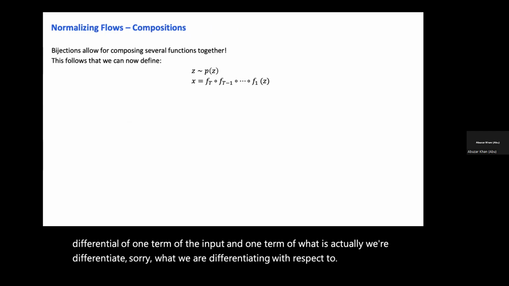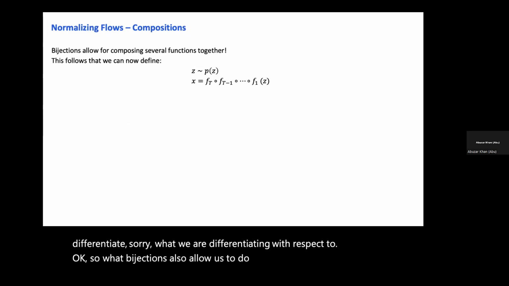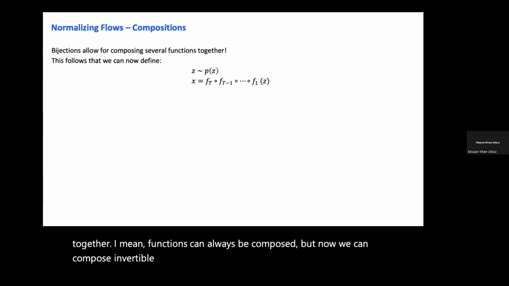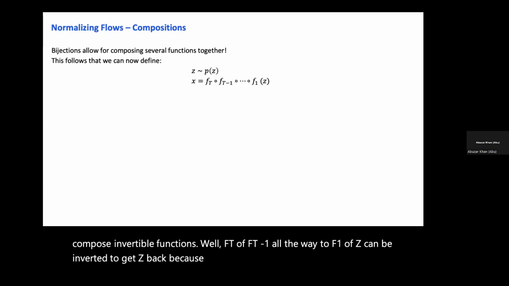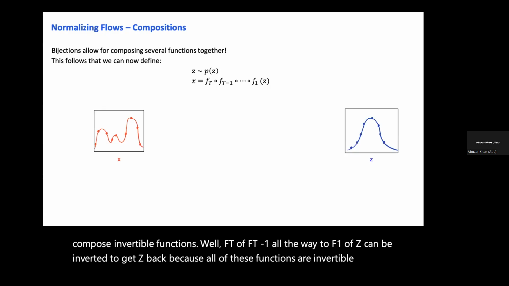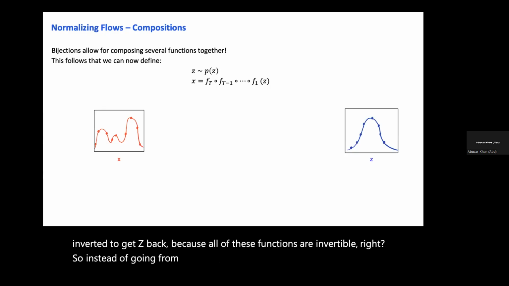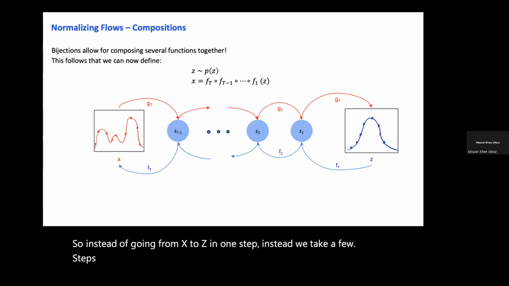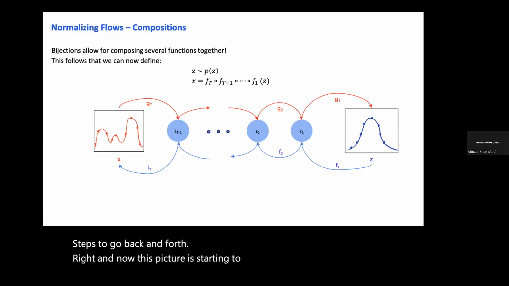What bijections also allow us to do is compose several functions together. Functions can always be composed, but now we can compose invertible functions. f_t of f_{t-1} all the way to f_1 of z can be inverted to get z back, because all of these functions are invertible. So instead of going from x to z in one step, we take a few steps to go back and forth. And now this picture is starting to look a lot like diffusion models.